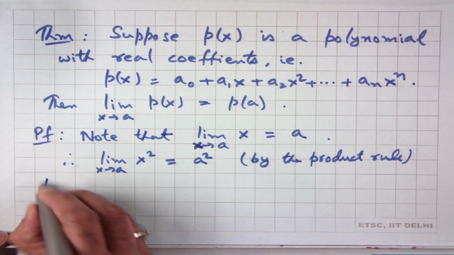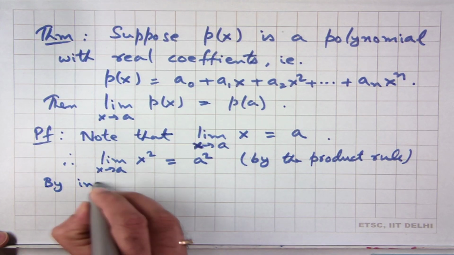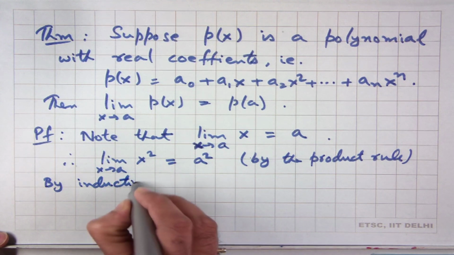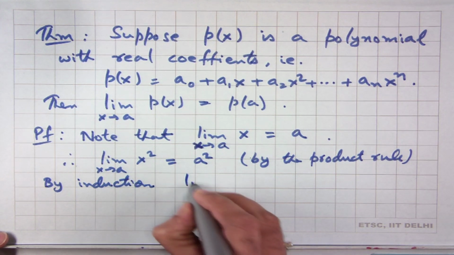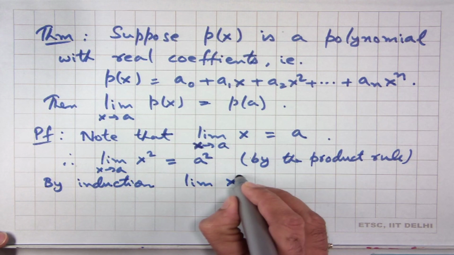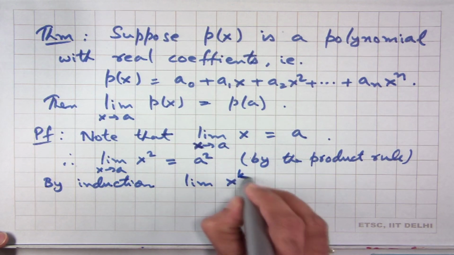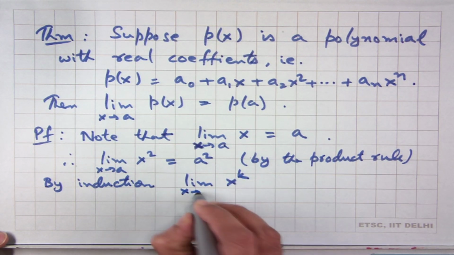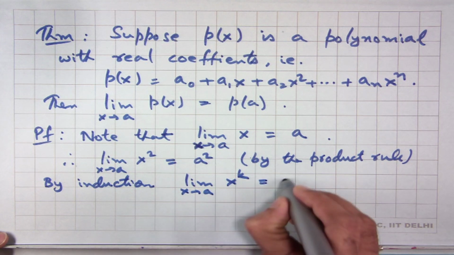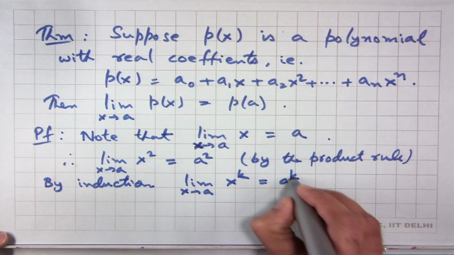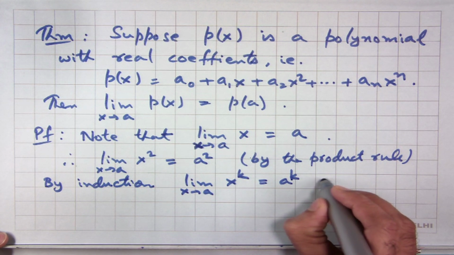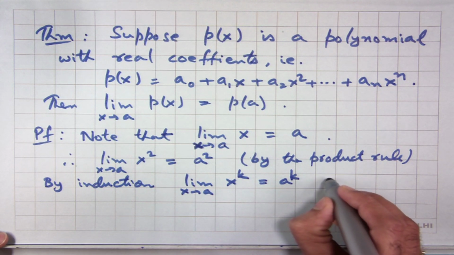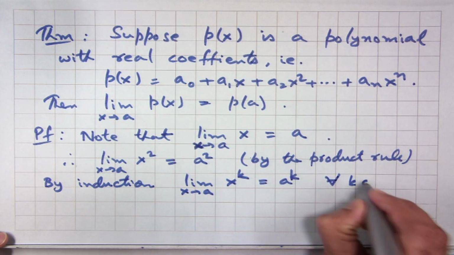And by induction limit of x to the k, x going to a, this is equal to a to the k for all k in natural number.